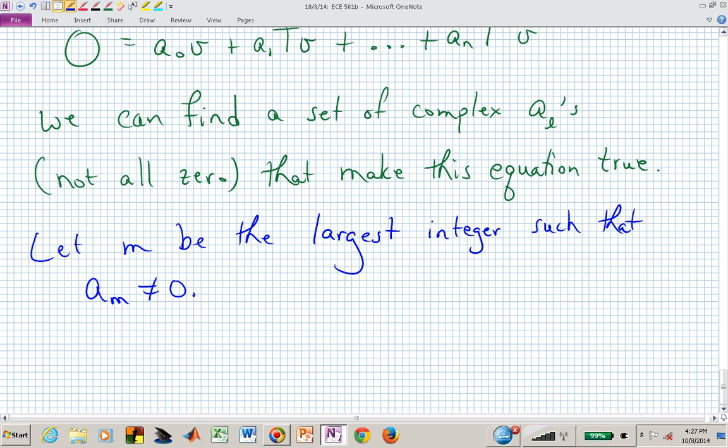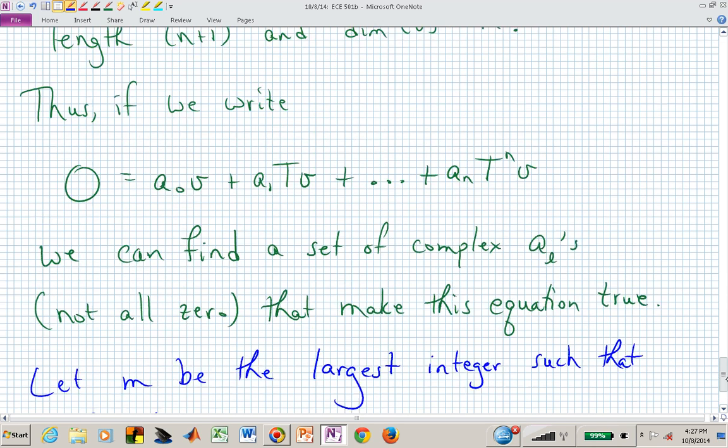Say we had a 4-dimensional space. Maybe a sub 4 is 0, and maybe a sub 3 is not, in forming this linear combination. So little m would be 3. It doesn't have to be the dimension of our underlying space.